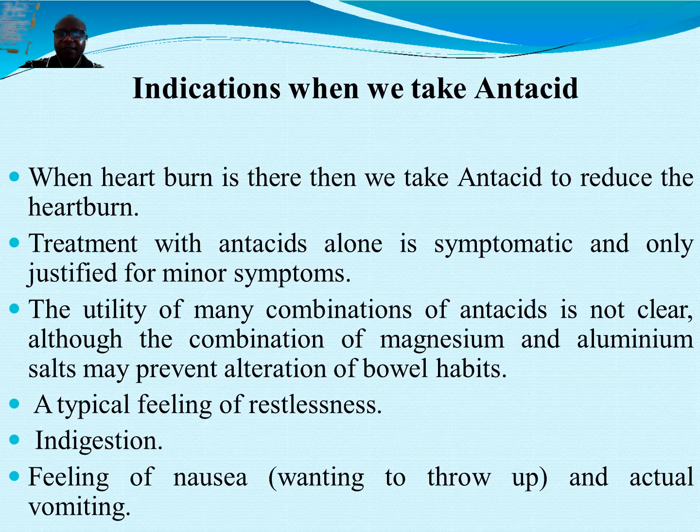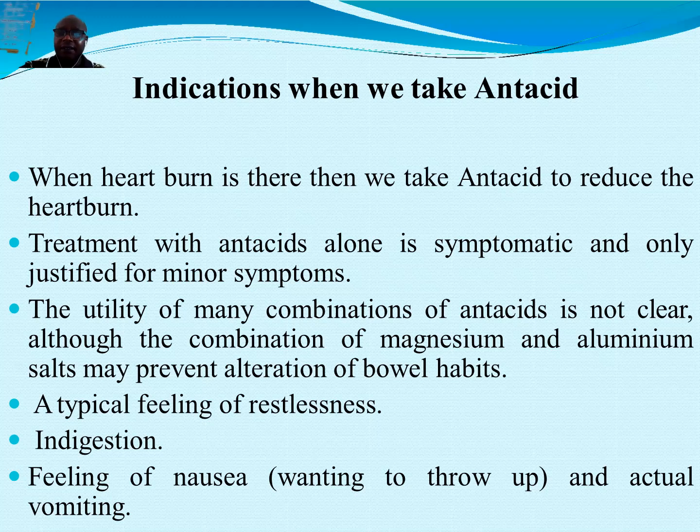We take antacids when we have heartburn, to treat the symptoms of the GIT, like upsets. The utility of combinations of antacids is not clear, although a combination of magnesium and aluminum salts may prevent alteration of bowel habits.